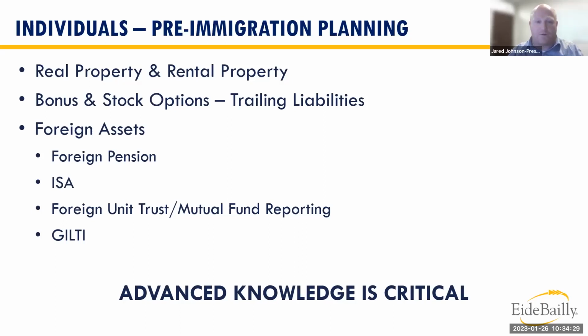The other things that are really important are foreign assets, and we went over all of that, but common foreign asset issues I see with UK individuals coming to the US are UK pensions. I put foreign pensions, but it's UK pensions primarily in this situation, though I've seen UK persons with other countries' pensions too. Non-US pensions are not necessarily treated as qualified pensions.